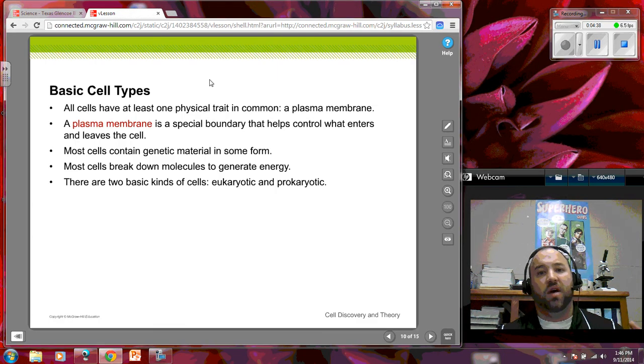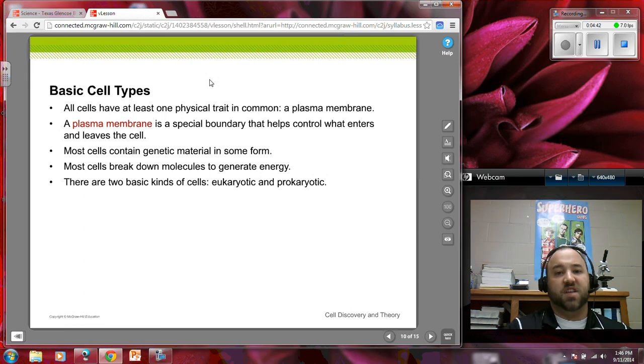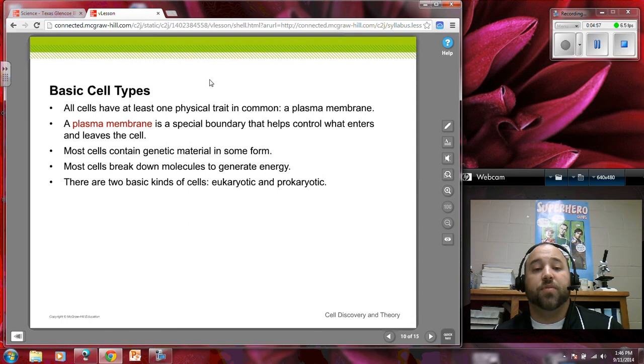Basic cells, though, all have a basic setup. First, they have a plasma membrane. Every single cell in existence has a plasma membrane. That is the bubble, like a balloon. When you blow up a balloon, it has that coating. We could call that the plasma membrane. It locks it in. Then you have your genetic material of some form, and then you have something that will break down other molecules to generate energy.